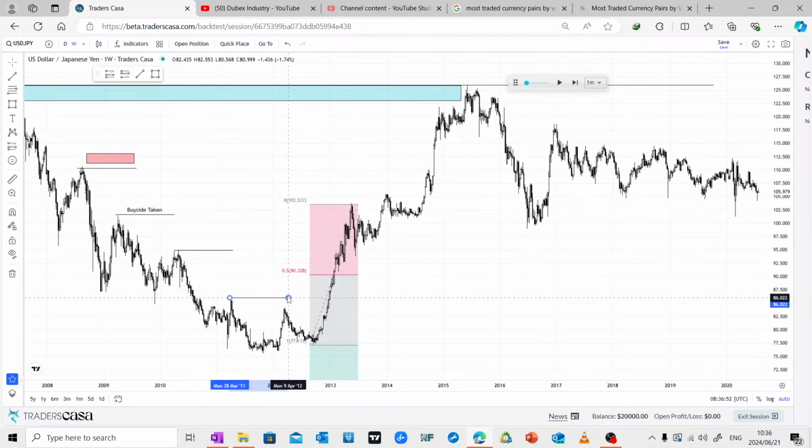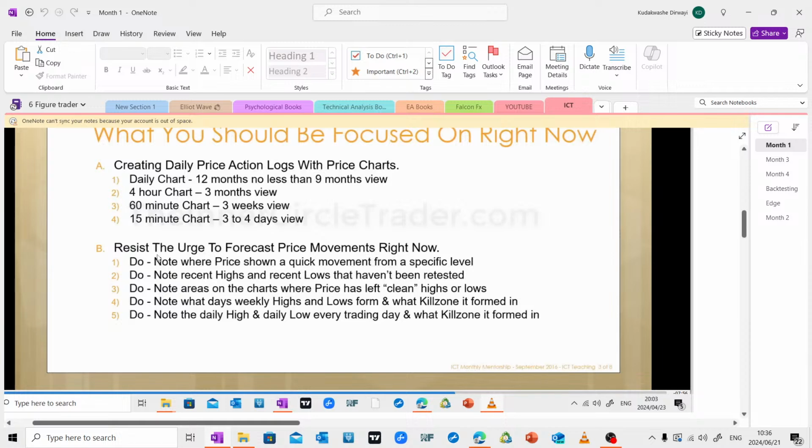So ICT says that you should identify areas where you have expansion, like here. He says resist the urge to focus on price movements right now, but rather where price shows a quick movement from a specific level, and not recent highs and recent lows that haven't been retested, and not areas on the chart where price has left clean highs or clean lows, right?